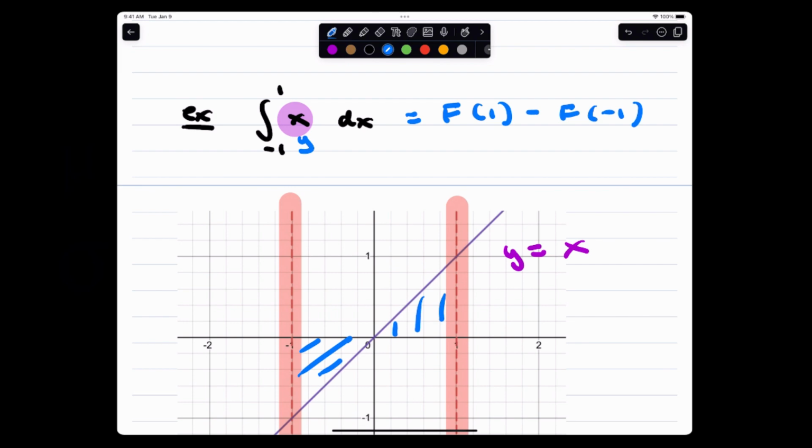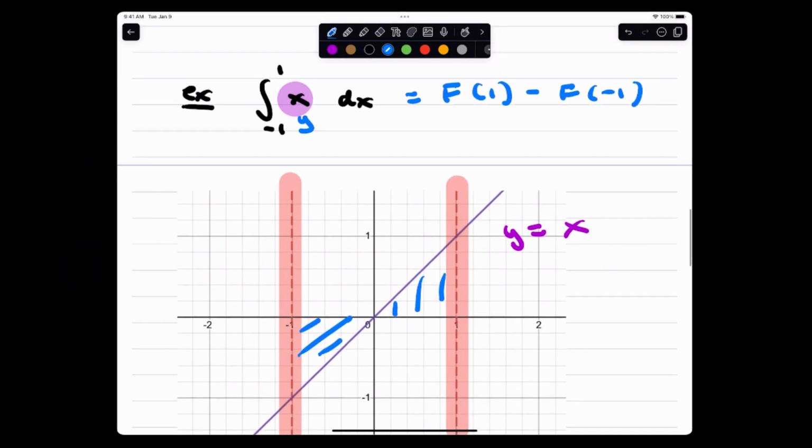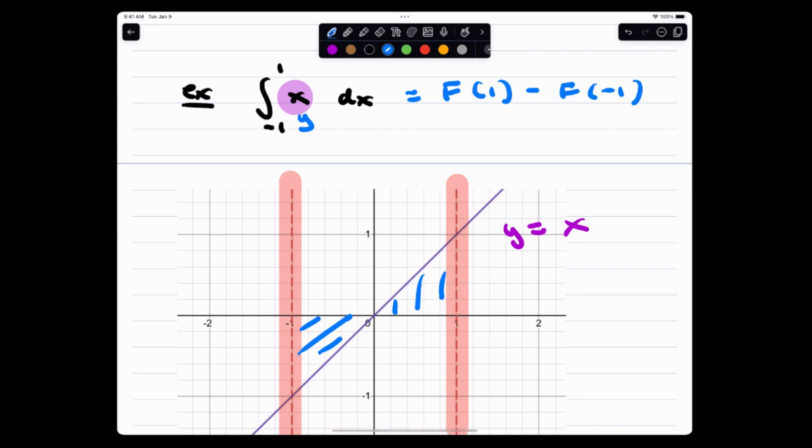Okay. So if I said to you guys, we need the antiderivative of just x. What's that antiderivative? Isn't that 1/2 x squared plus c? Didn't you guys use the power rule there?